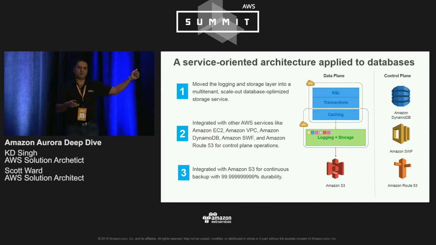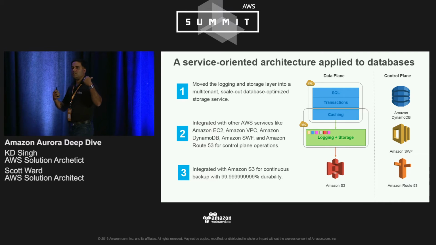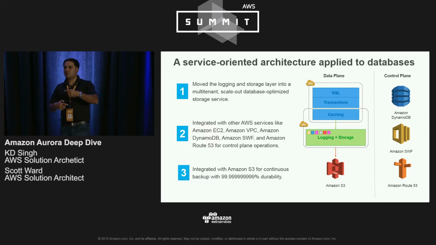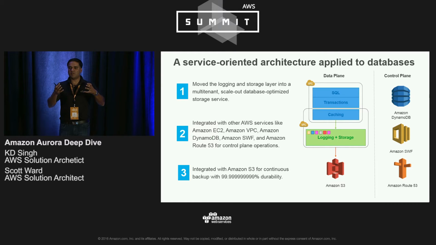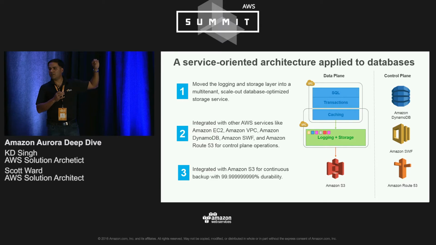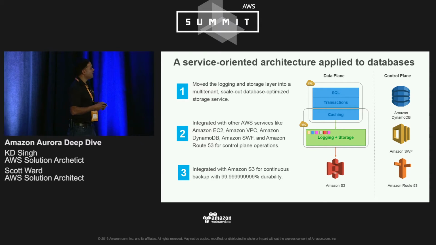In this case, what we have done is this storage layer is smart enough, for example, to take the redo logs that the SQL tier is giving to it, and then create data pages from those redo logs on its own, and store them to S3. So it has some smarts built in to take some of the load off of your DB tier and do storage-related items or logging-related items on its own. So it can obviously scale independently of your DB tier and do things on its own. So it's a big win there.